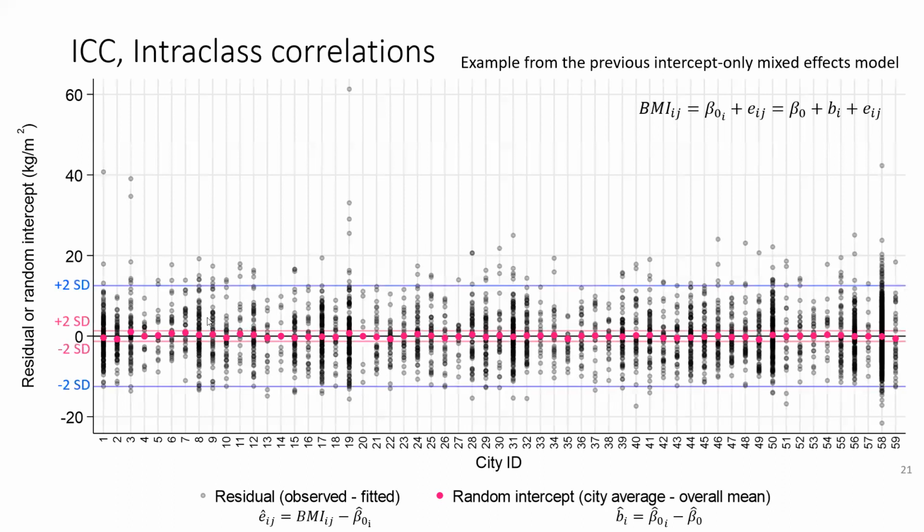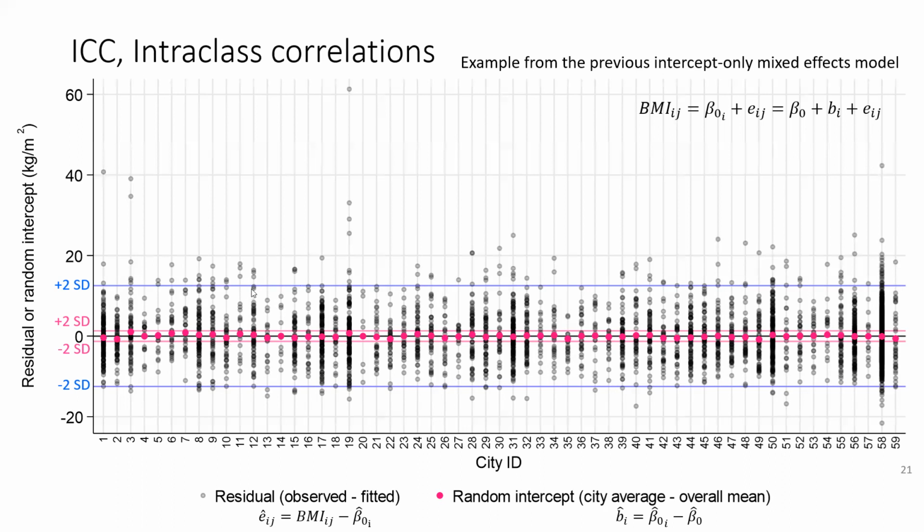I superimposed the estimated plus or minus 2 standard deviation. So this pink line shows the variability of the random intercept, which is an indicator of between city variability.